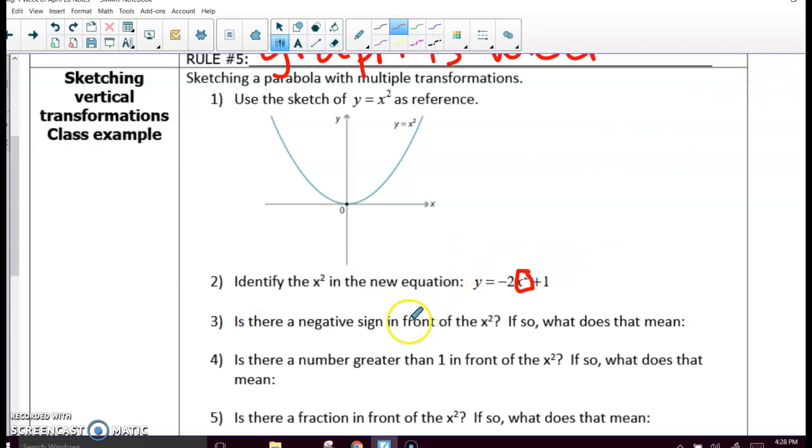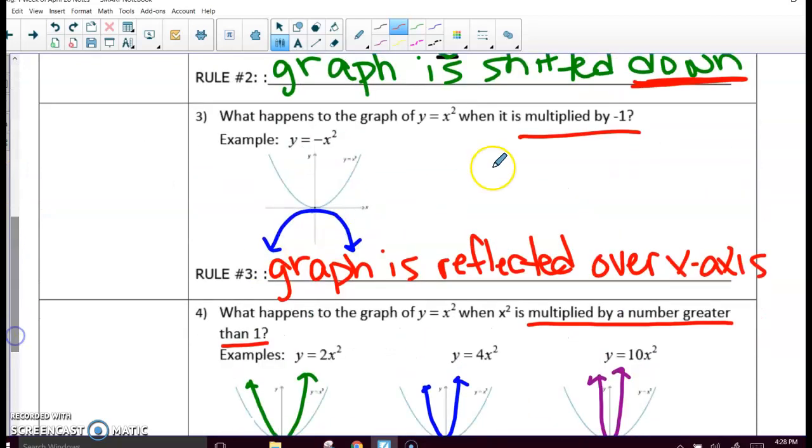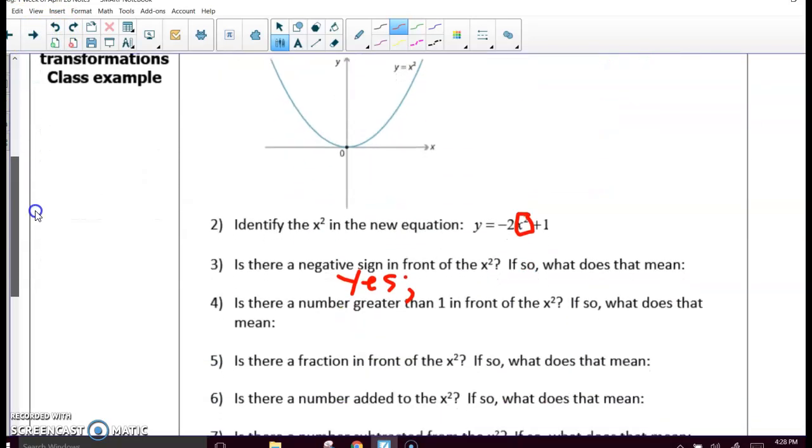Is there a negative sign in front of the x squared? The answer to that is yes, I have a negative in front of there. If so, what does that mean? As we learned on the previous page, when it is multiplied by a negative 1 or a negative number, our graph is reflected over the x-axis.